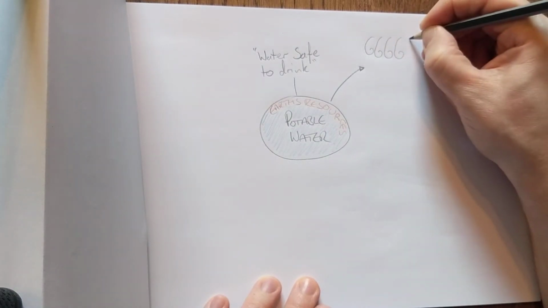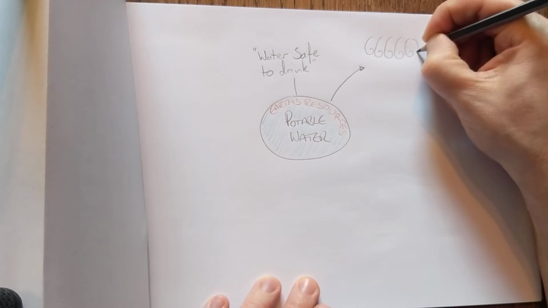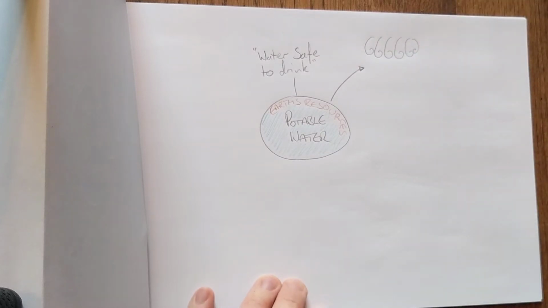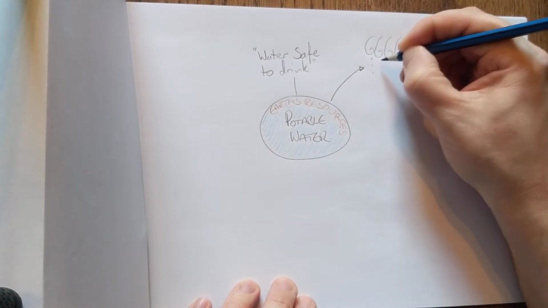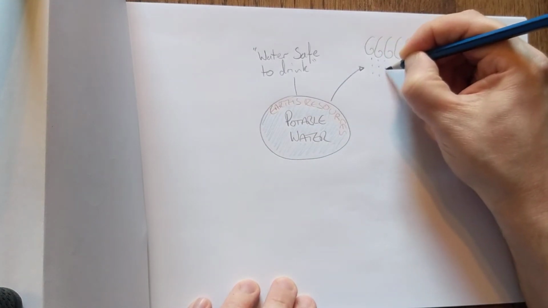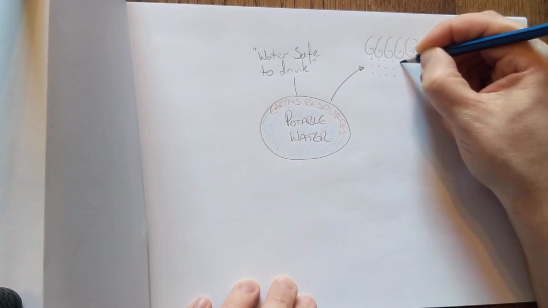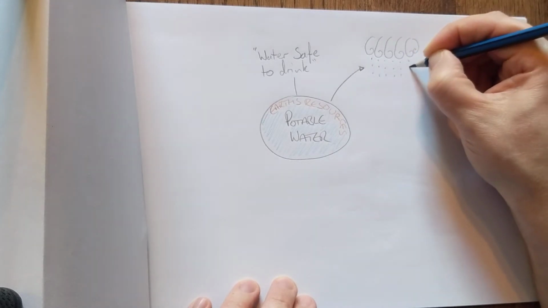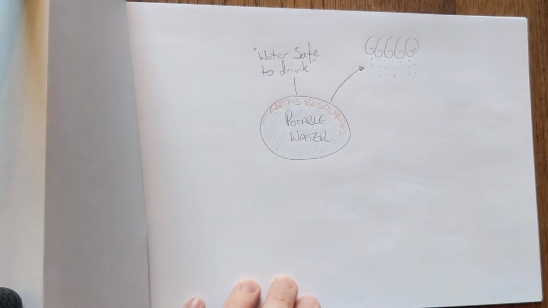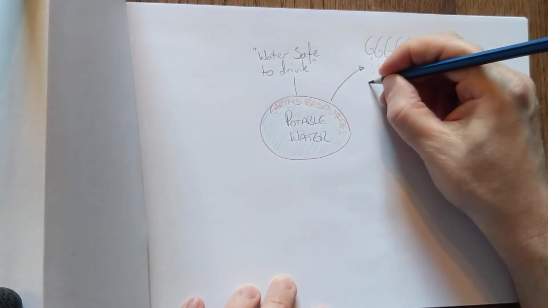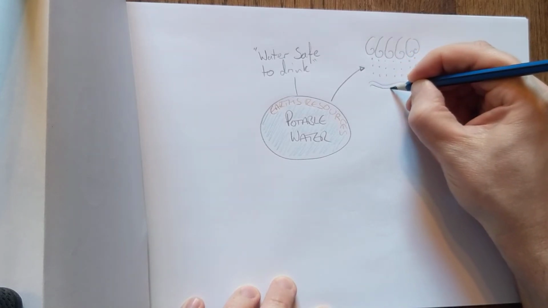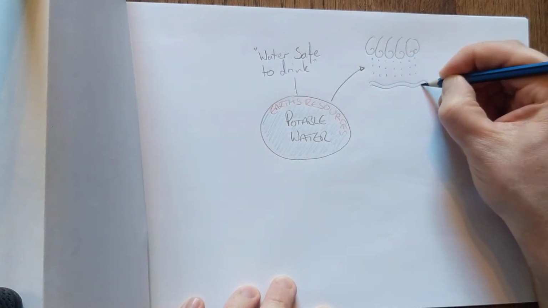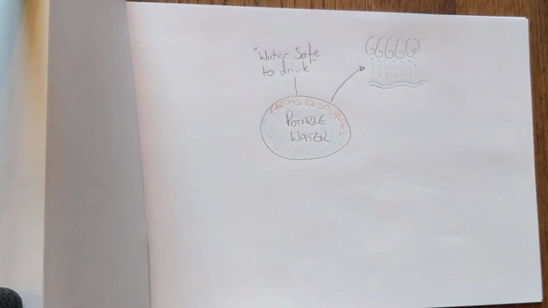As the Earth cooled down, the clouds began to condense and the water started to fall on the Earth as rain. It will have found its way into rivers and gullies and basins and formed the lakes and rivers and seas that we've got now. And this is how the water, the seas and things formed.